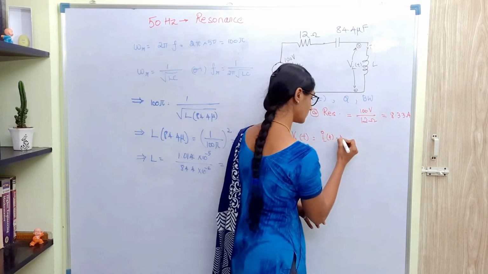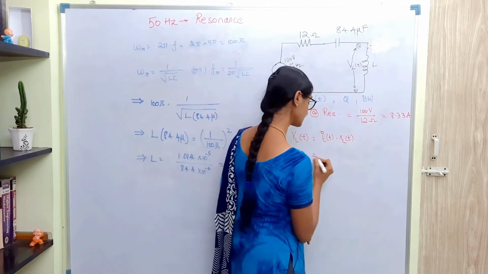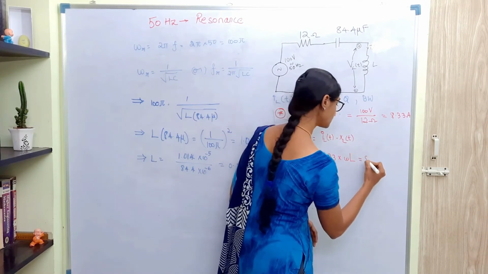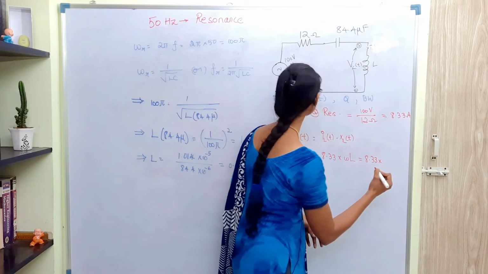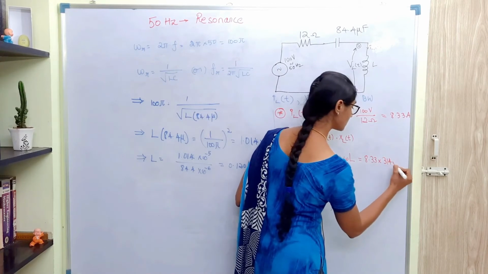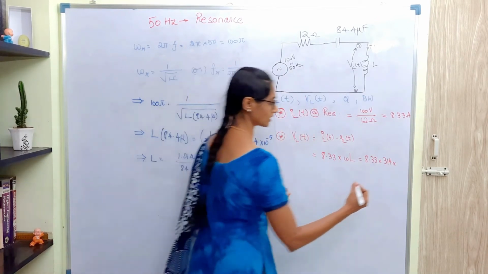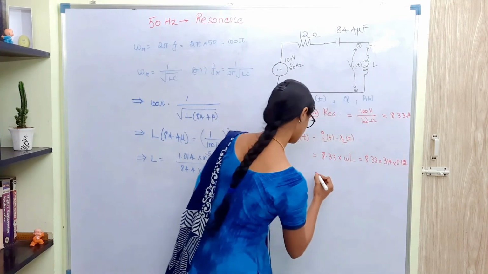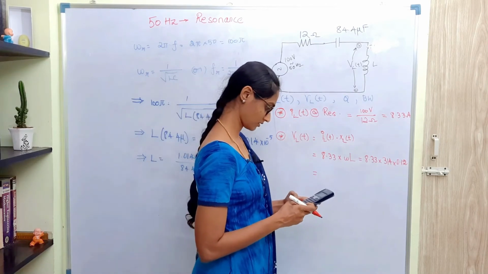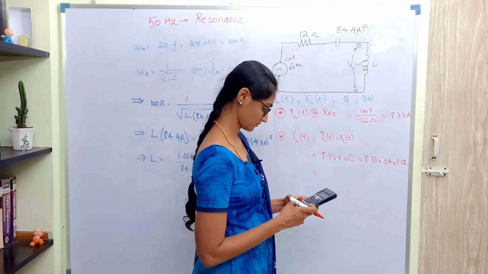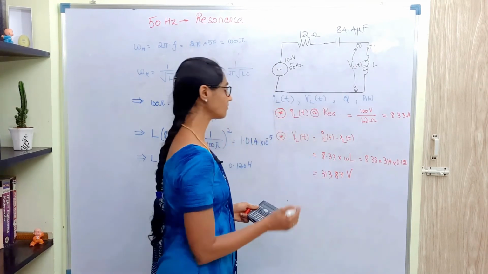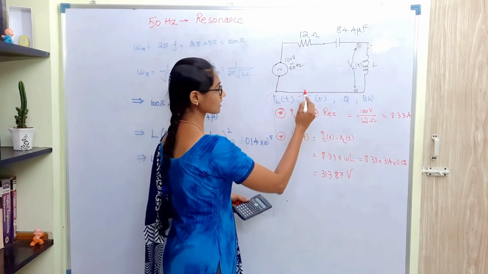IL of t into XL of t, which is 8.33 times omega L, which is 8.33 times, what is omega? 100 pi or 314, times 314 into L. L is 0.12 henry. So now we have found out the inductor's voltage.